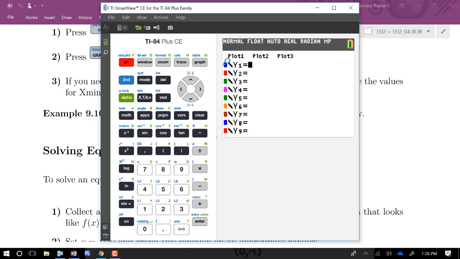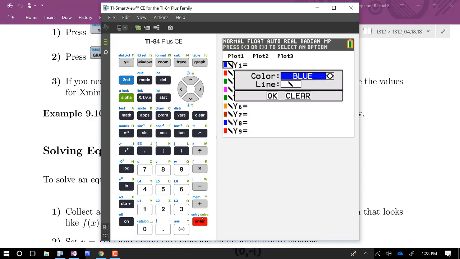You could either clear them, or if you go over here, if you hit the enter button with this thing that's blinking, depending on the model, you could change the color, or you should be able to turn it off.